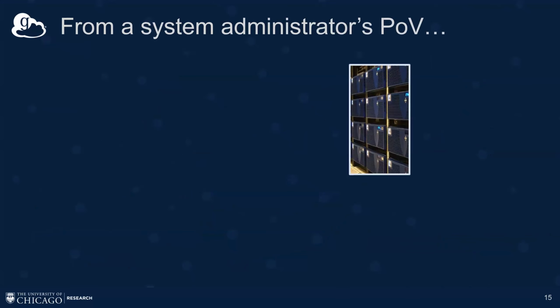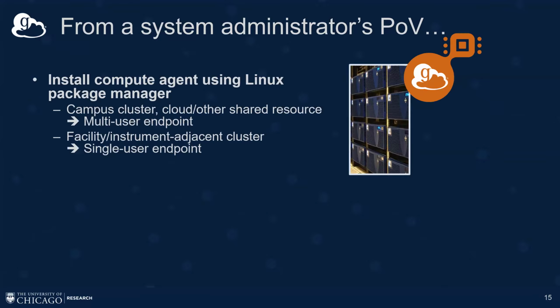From the administrator's side, you have your HPC, your compute resource, cluster, server, cloud, whatever. You deploy a Globus Compute agent to make it a Globus Compute endpoint. So, Linux only.